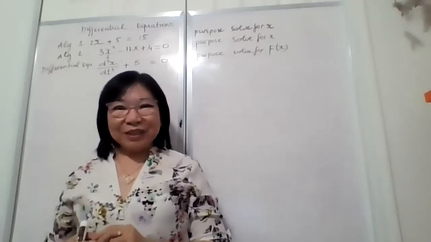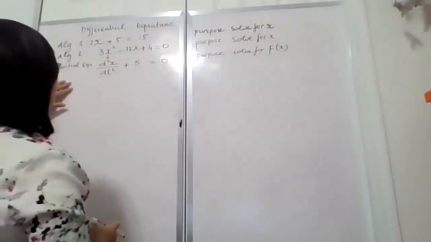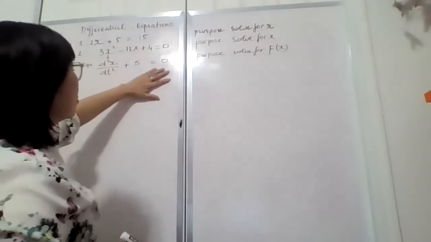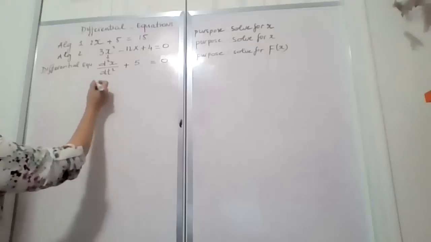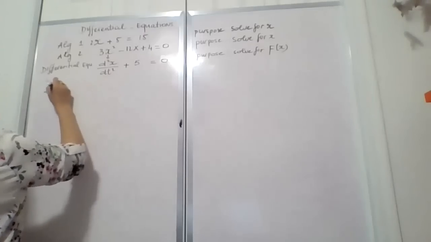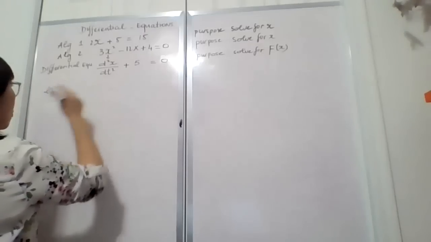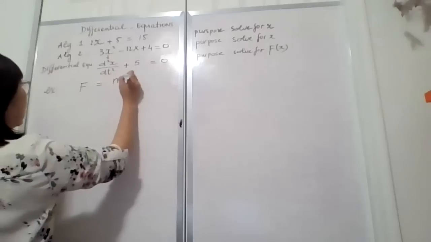Okay, let me get back to the question again. With a differential equation, you're going to solve for the function f of x. Let me give you an example: force equals m times a.